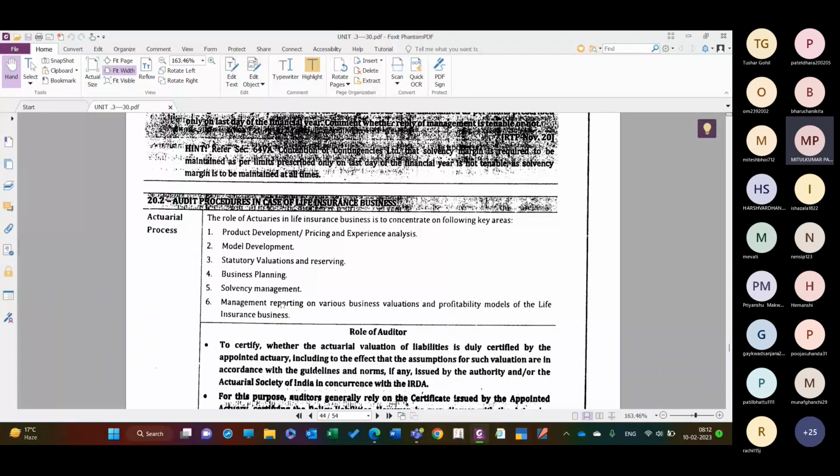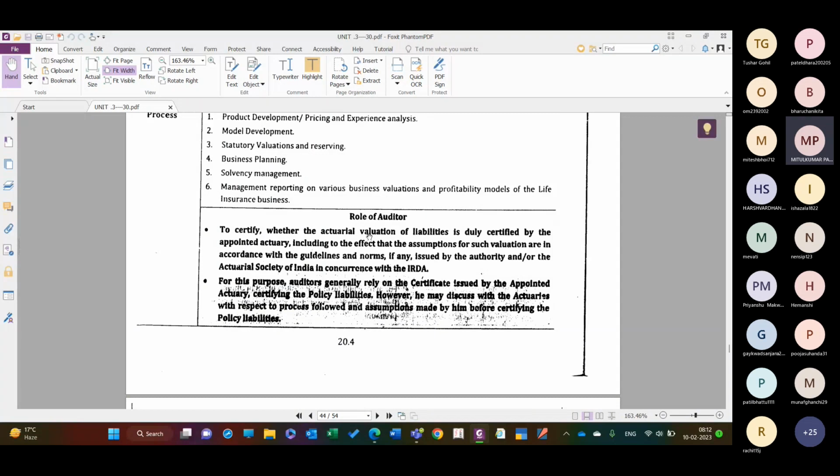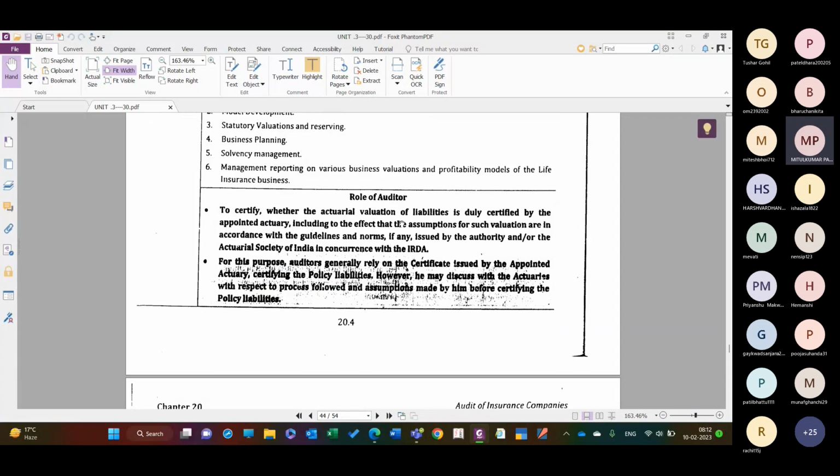Here it is given that the role of the auditor is to certify whether the actuarial valuation of liability is duly certified by the appointed actuary, including to the effect that the assumptions on which the valuations are made are in accordance with the guidelines and norms, if any, issued by the authority and/or the Actuarial Society of India in concurrence with the IRDA.